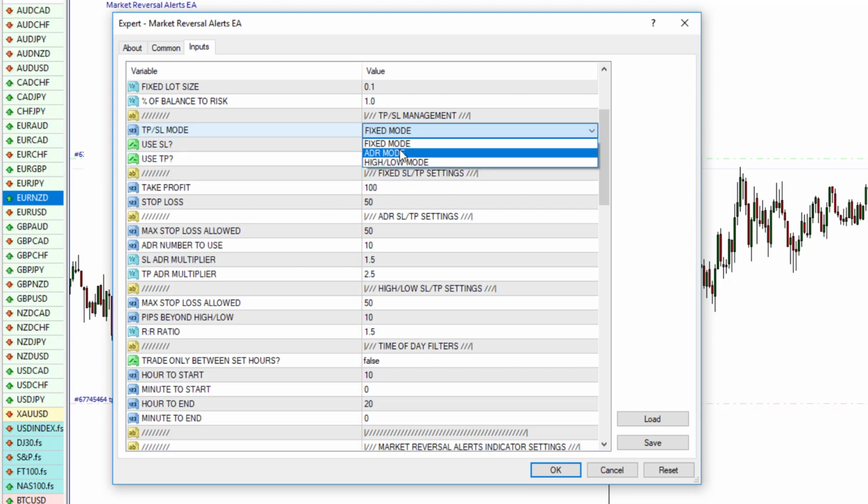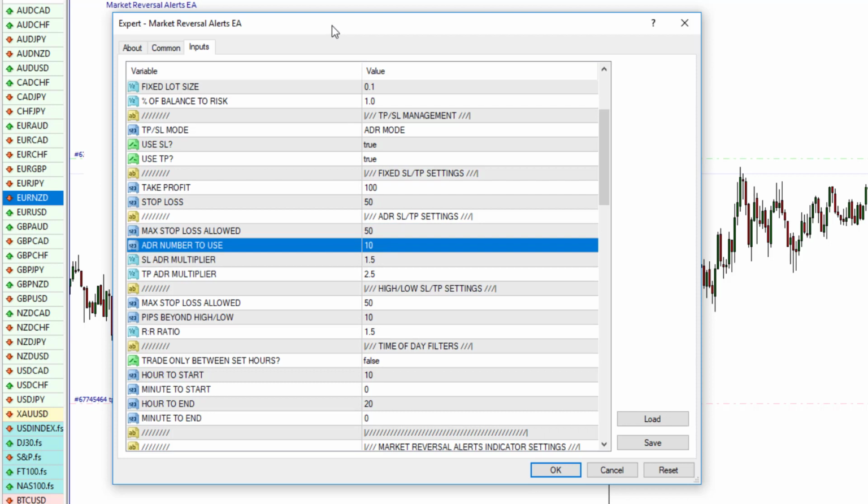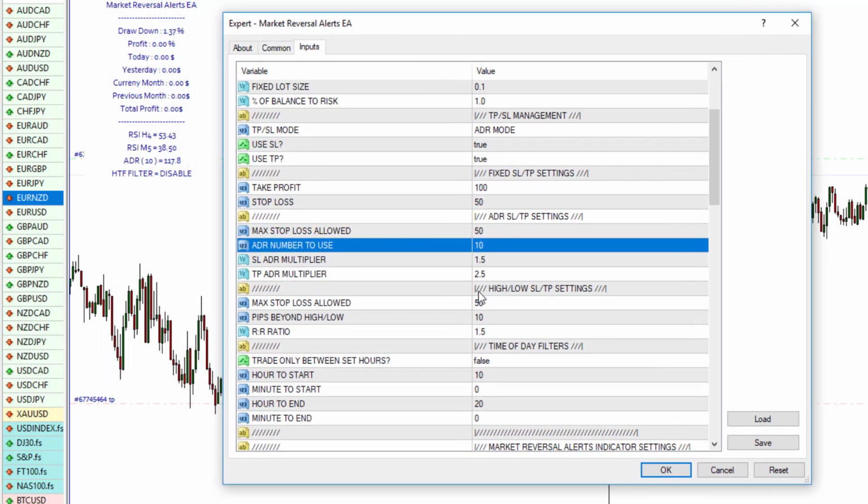You also have ADR mode, which the settings are here. For ADR, it will use the ADR figure for the particular pair that you are trading. So in this case, on the Euro New Zealand, the ADR 10 figure is 117.8. As you can see here, we can select the ADR number we want to use, which is ADR 10 in this case.